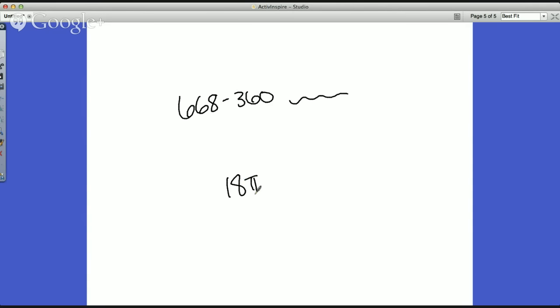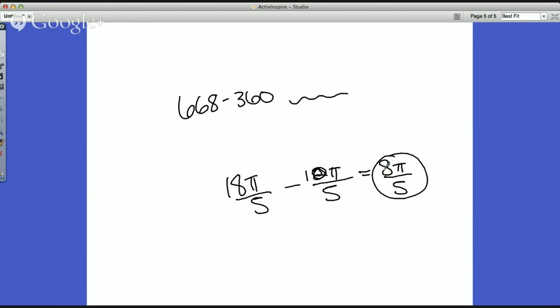But on 18 pi over 5, instead of subtracting 360, what I can do is subtract 2 pi. So if I subtract 2 pi, I can multiply the bottom by 5 as well as the top by 5. Now, if I multiply top and bottom by 5, I'll end up subtracting, getting me 8 pi over 5 as my answer.